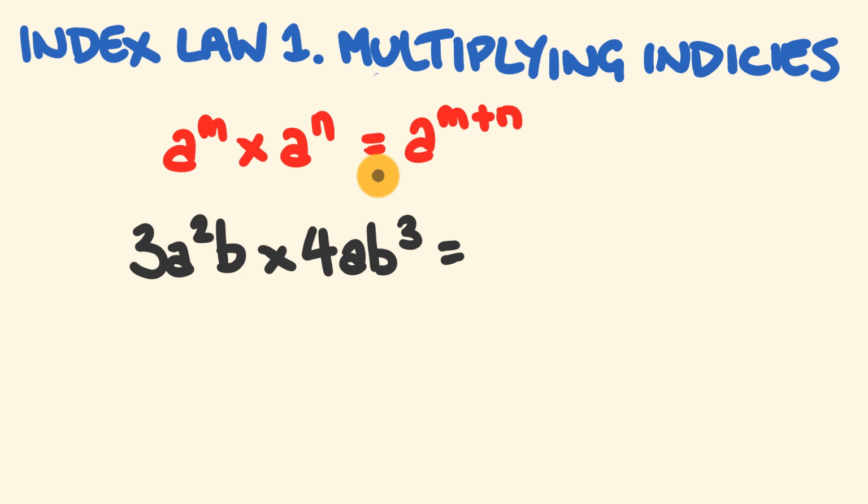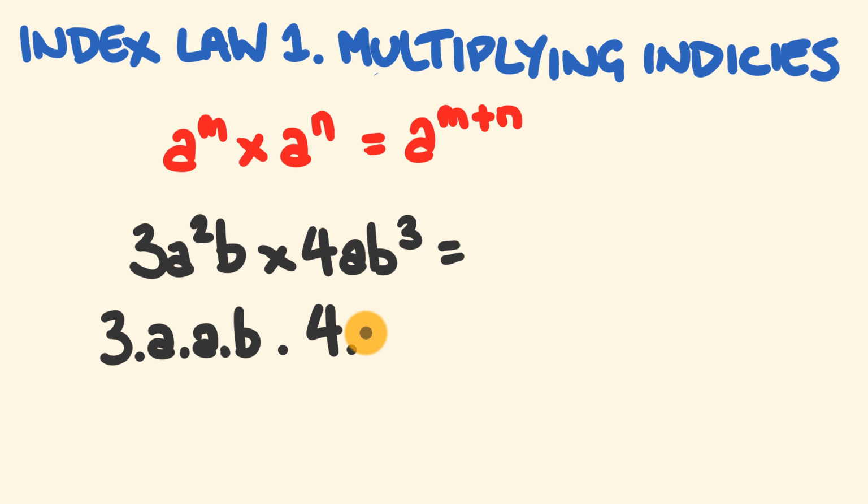But being a pain in the bum, I'm going to write this all out here. So we'd have 3 multiplied by a multiplied by a multiplied by b, and this is all being multiplied by 4 multiplied by a multiplied by b multiplied by b multiplied by b, and we're going to see what that equals.